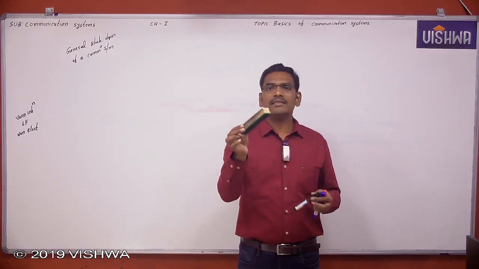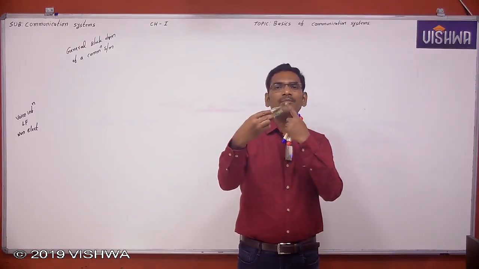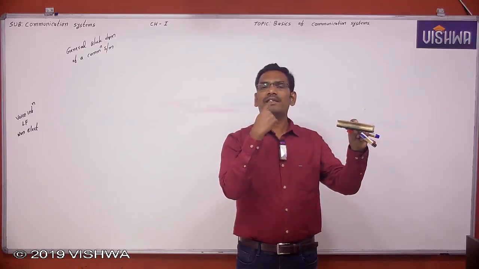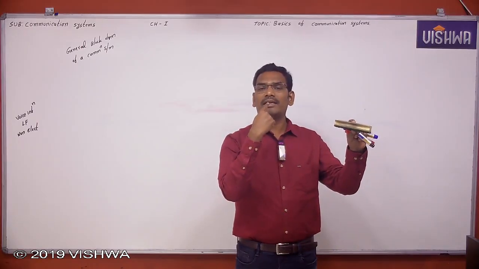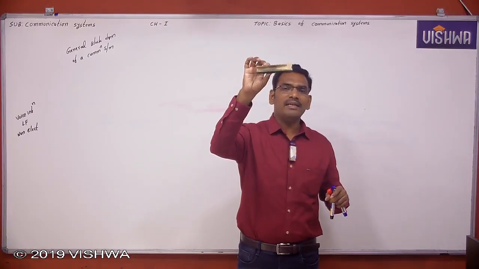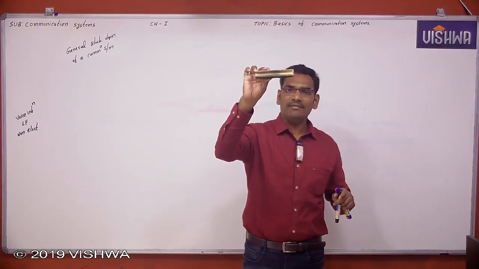Now let us take this as a mobile. You are giving input as a voice signal, which is a low frequency information and a non-electrical variation. But this electronic device is completely responsible for electrical variation.